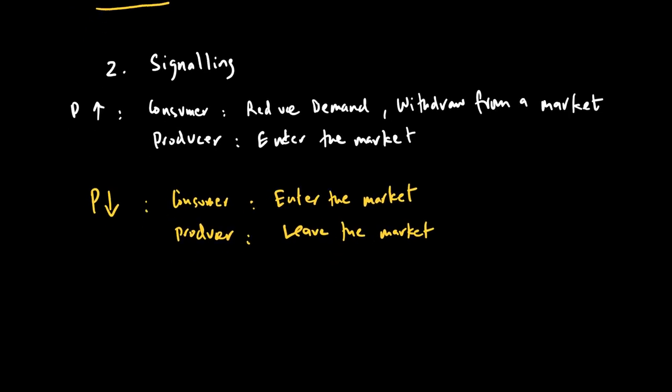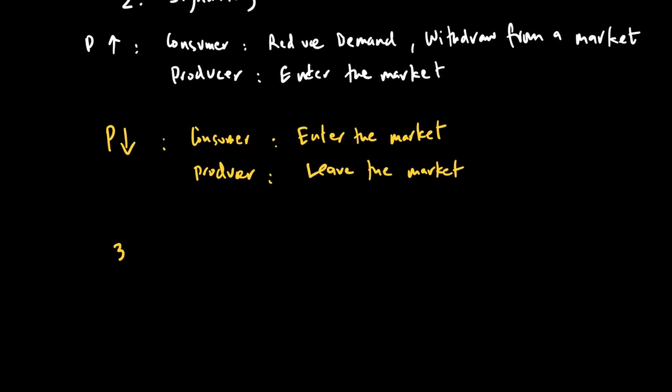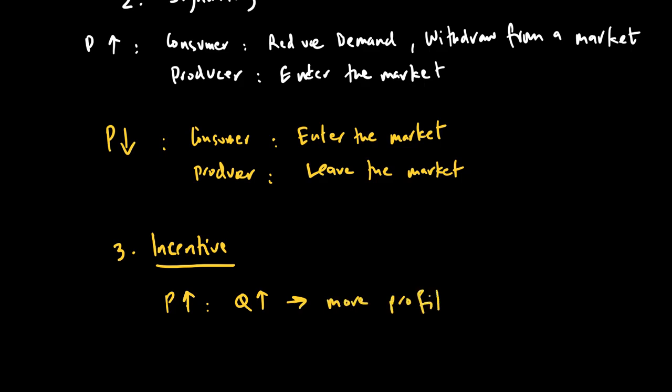The last thing we want to talk about is the incentive effect. Incentive effect is all about profitability. When the price is going up, there is an incentive for the producer to produce more, because it will lead to more profits. At the same time, if the price is going up, the consumer will think, I should buy less of the good, because I'm getting a lower quantity per dollar spent.